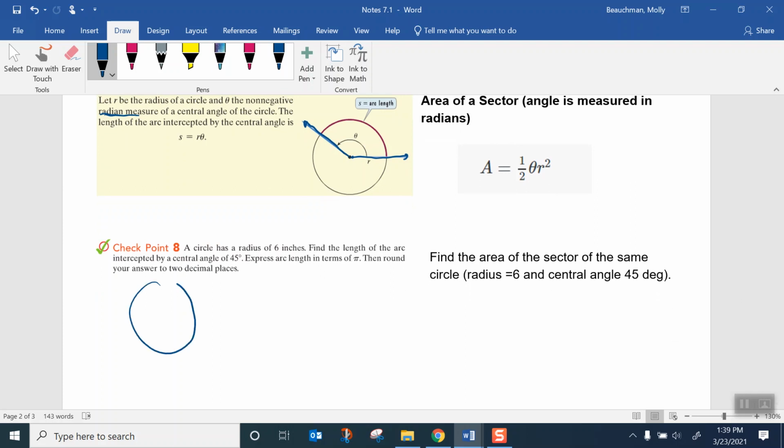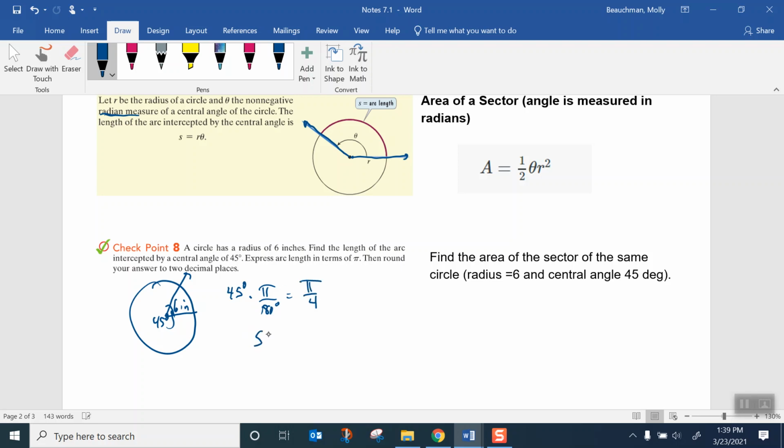So an example, a circle has radius 6 inches. So let me draw the circle. It has radius 6 inches. Find the length of the arc intercepted by a central angle of 45 degrees. Well, this angle of 45 degrees is given in degrees, so we need to change that to radians. So 45 degrees times pi over 180 degrees. 45 goes into 180 4 times, gives us pi over 4.